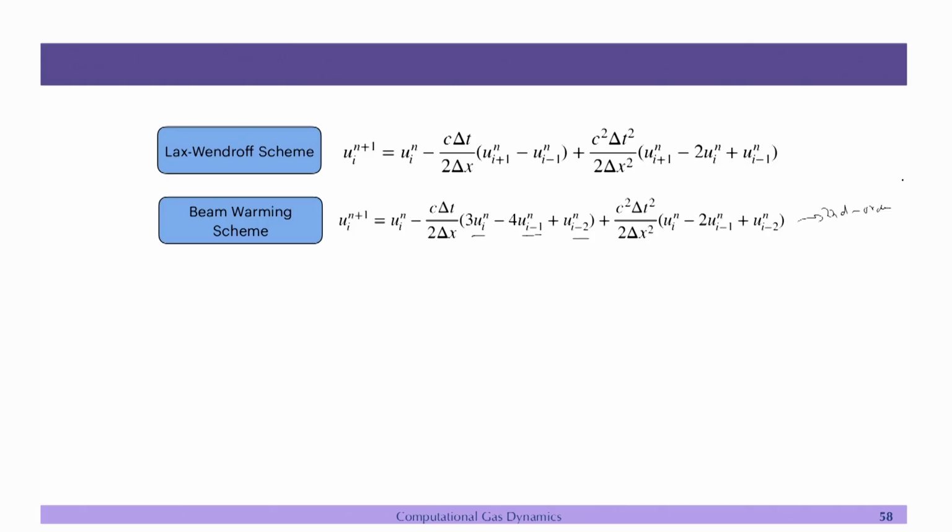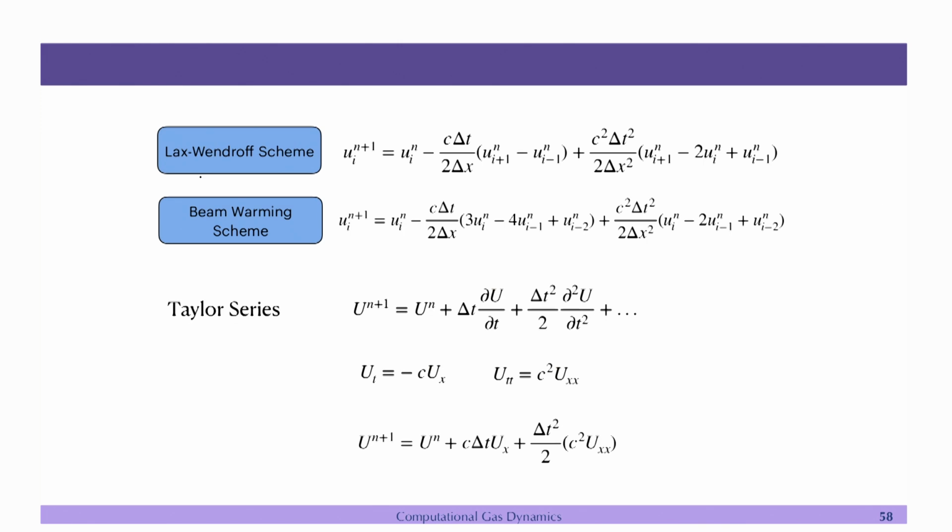As I mentioned, both are similar schemes if you look at it. They are both derived from the Taylor series expansion. That means, if you look at the Taylor series and write in terms of n plus 1, u at n plus 1 will be u at n plus delta t du by dt plus delta t square by 2 d square u by dt square, right.